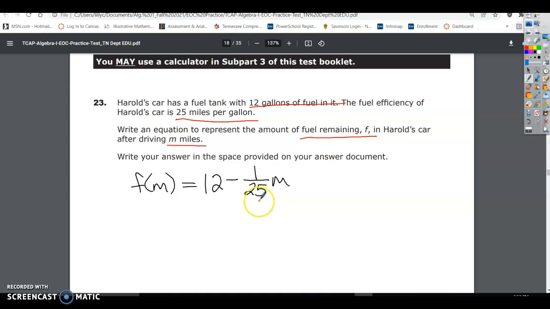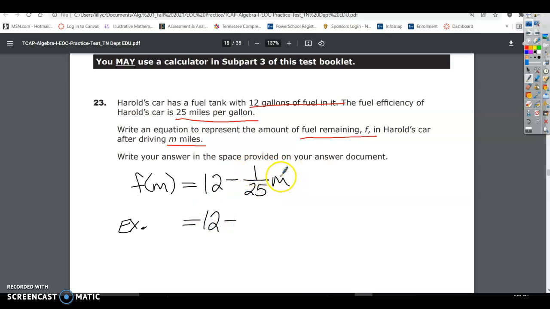So let's see, how many miles could we drive before we're on empty? So 12 times 25, we should be able to drive 300 miles before we run out of gas. So if M is 300, okay, so this is just an example, just to check it. All right, so we've got 12 gallons to start with.